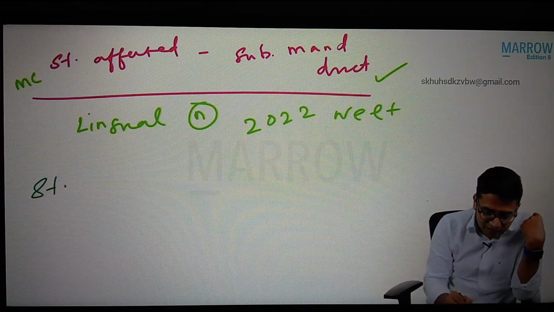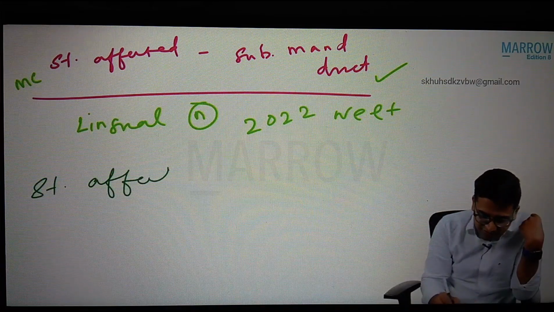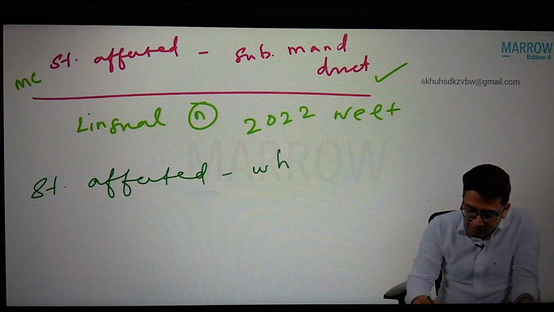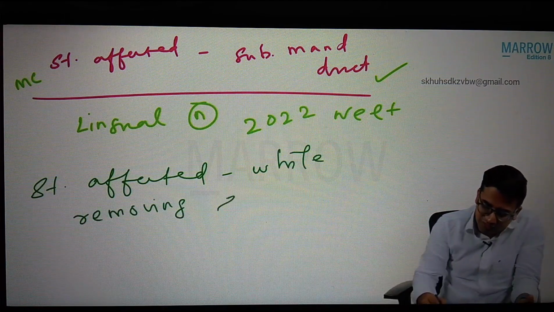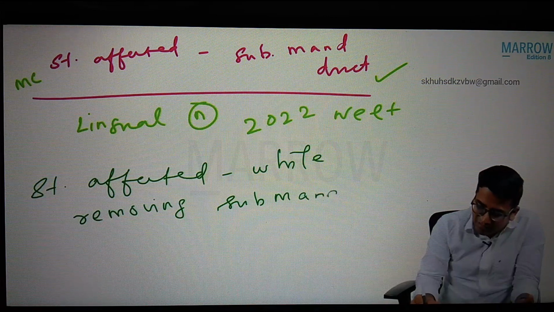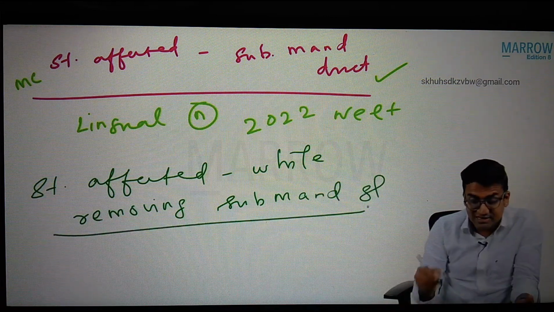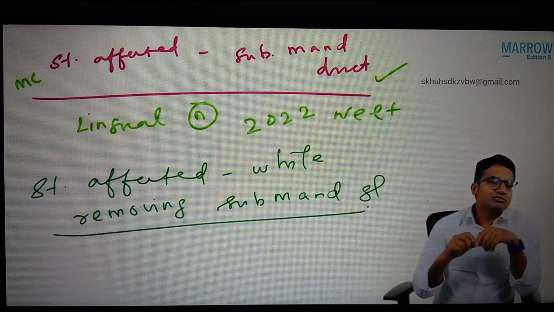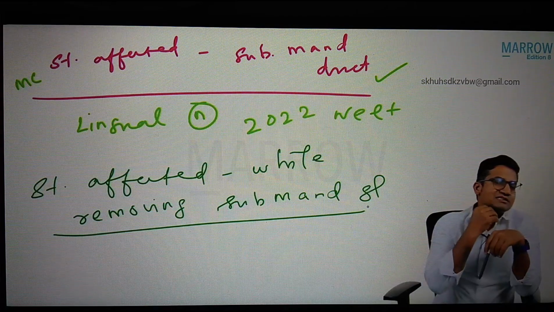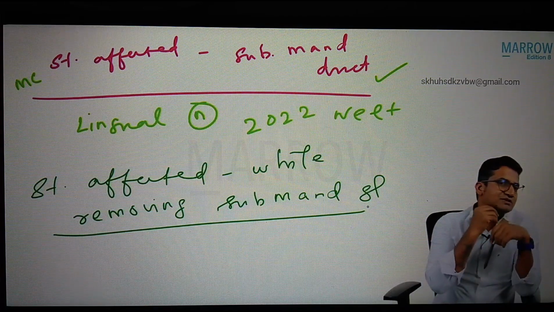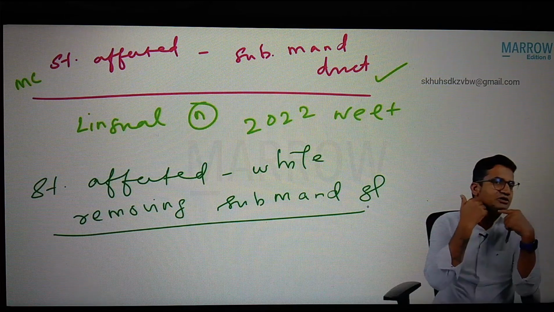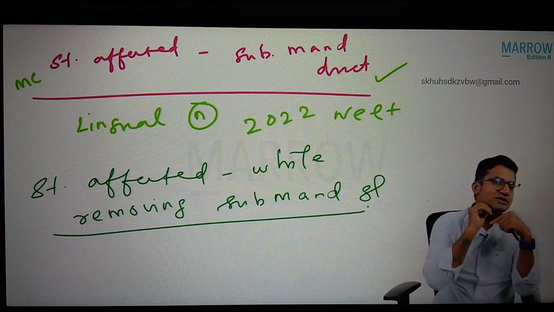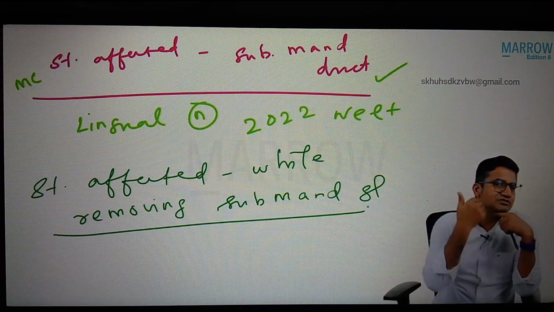And we also have one more question, but most of the students made a mistake here. What is the structure affected while removing the submandibular gland? While removing the submandibular gland, the answer is not lingual nerve. The superficial part of the submandibular gland is present just below the platysma. If you remove the skin and then the platysma, just beneath that we see the superficial part of the submandibular gland, and there is one nerve close to that.